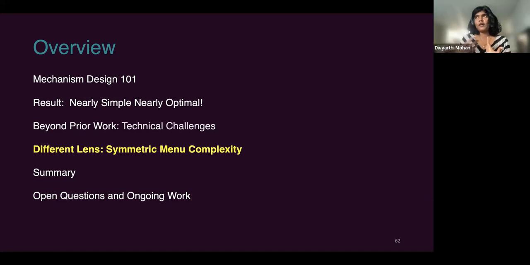I can have n different marginals and it's a very highly asymmetric instance, but it does not matter. I'm going to find something that is still a symmetric solution, which is going to preserve revenue and give me almost optimal revenue. Even though my distribution is very asymmetric, I can still find this very symmetric solution by just restricting myself to this symmetric space, and that still works for me.